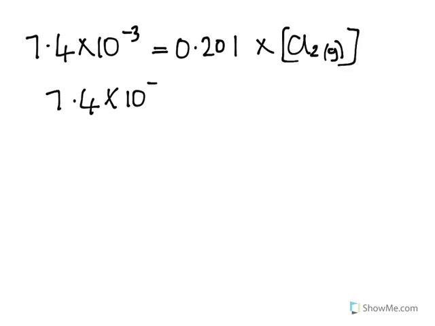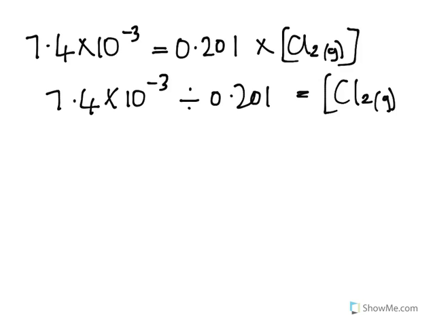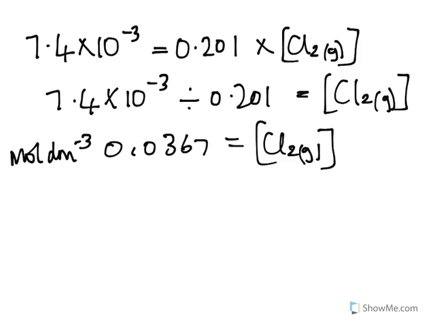So we have 7.4 times 10 to the minus 3 divided by 0.201 equals the chlorine concentration, which gives us an answer of 0.0367. So just remembering that this is concentration we've actually worked out.